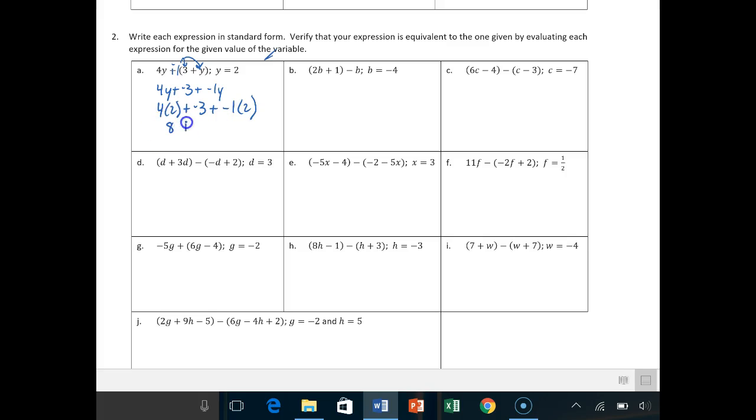So we have 8 plus negative 3 plus negative 2. And 8 plus, we could just do these two first, right? When you have nothing but addition, it doesn't matter what order you do it in. So really this is 8 plus negative 5, right? I added those two together. Same signs, I had to keep. I get 3 as my answer.